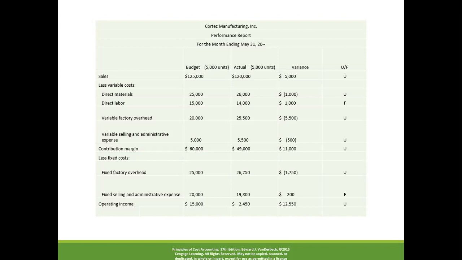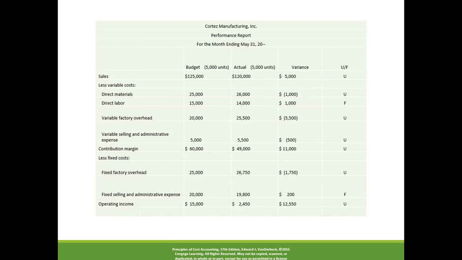But just like we said in class together, now in Chapter 8 we're focusing on these variances and drilling down and investigating them more. With direct materials, we had this $1,000 unfavorable variance. Is this $1,000 variance a price variance?